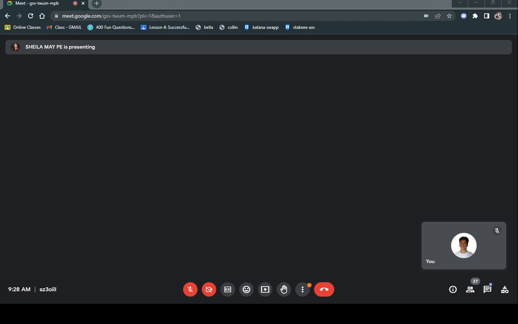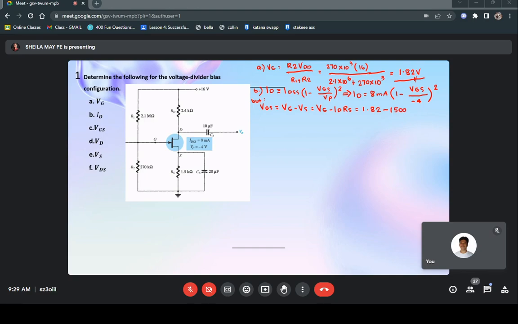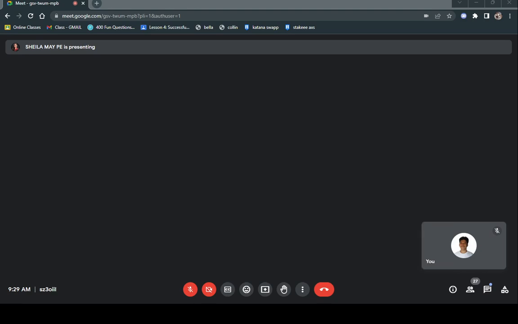So we need to find VGS. VGS is equal to VG minus VS, which is also equal to VG minus ID RS, which is VG, 1.82, minus ID. RS is 1,500 ohms.